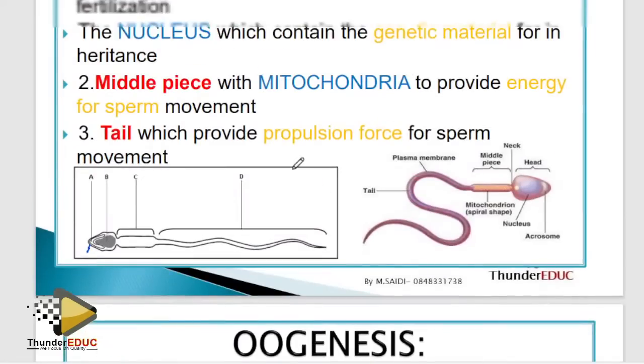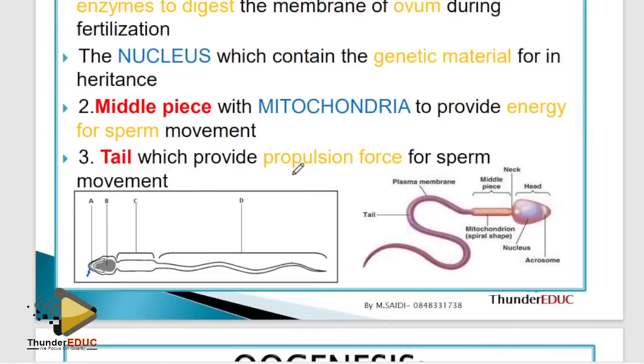All right, oogenesis. Let me tell you how they ask questions here. The first question, the adaptation of the sperm for its function. Now you talk about the long tail to provide propulsion force for forward movement. Don't just say for movement, for forward movement.